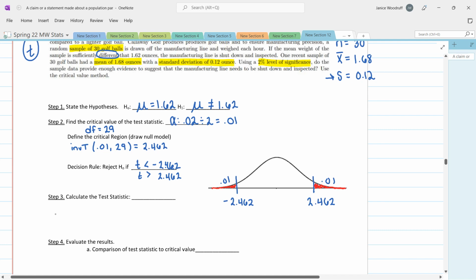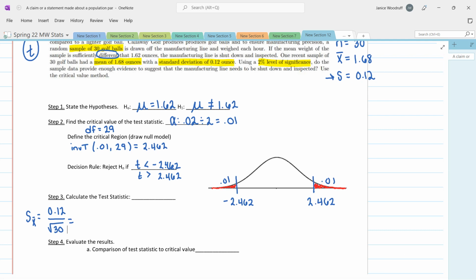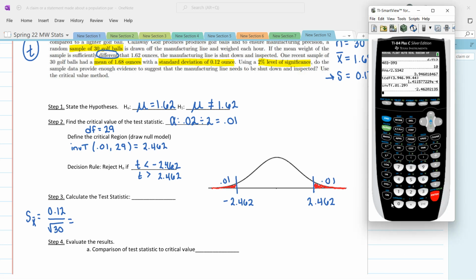So we want the standard deviation of x bar. So that'll be the sample standard deviation, 0.12, over the square root of the sample size, 30. So we're going to go 0.12 divided by the square root of 30, 0.0219.